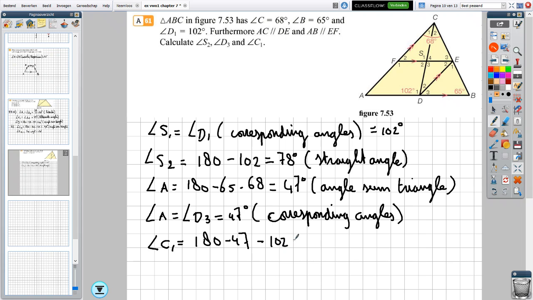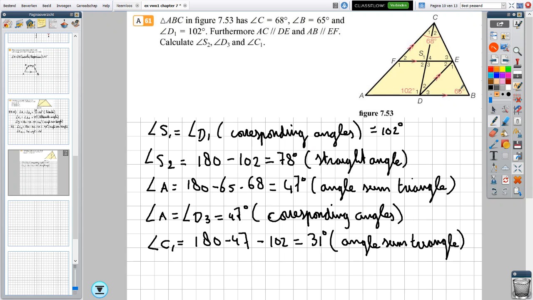It's 102 degrees. And again, I guess there are multiple ways to do this. I chose this one. This is 31 degrees if I'm correct. And I only use the angle sum here. So you see the angle sum of a triangle is used rather clearly a lot here.